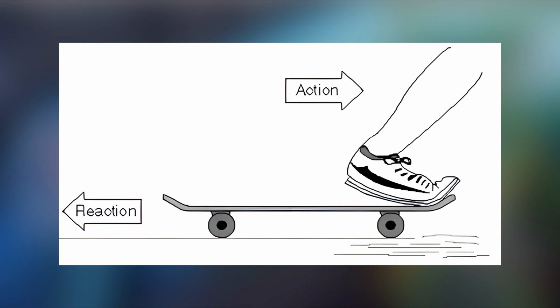Now, you might think that this whole scenario is a violation of what I just said, that the linear momentum has to always be conserved, because before neither skateboard nor the person were moving anywhere, so they had a linear momentum of 0, and now they both have linear momentum. The answer is that the linear momentum of each of these objects is opposite to the other. So linear momentum is a vector, which means that it has a direction associated with it.